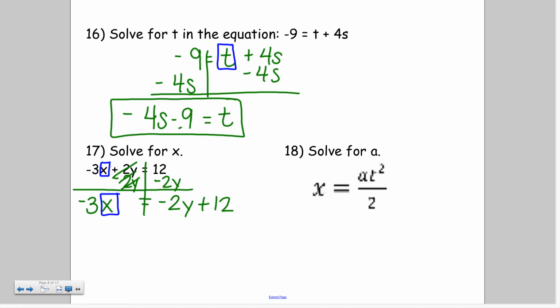Still need to get x by itself, so I'm going to divide by negative 3. All right, so that gives me x, and that's going to be equal to a negative and a negative, a positive, but 2/3 does not simplify. So 2/3 y, positive and a negative, give me a negative. 12 divided by 3 is 4.